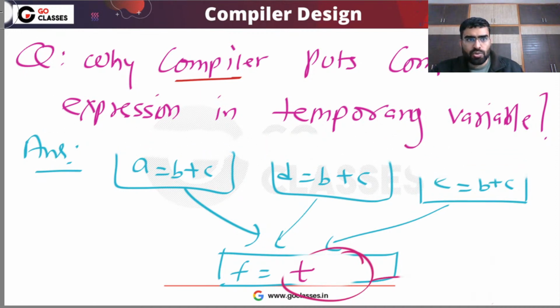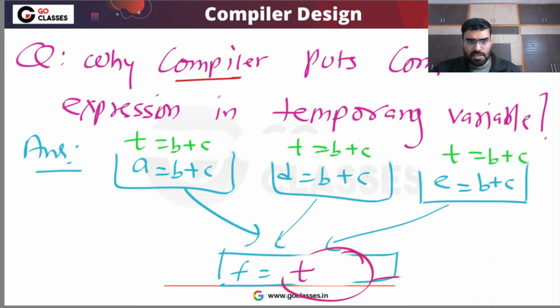So in t you are going to put b plus c, and then this b plus c you are going to replace with t. So this is the idea. Is this idea clear to everyone?